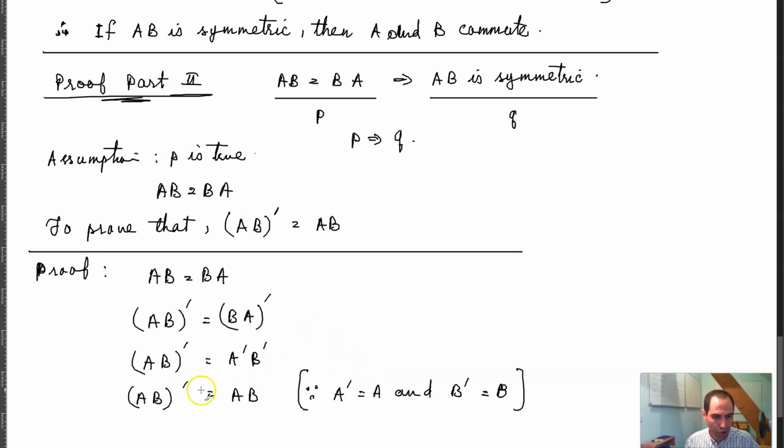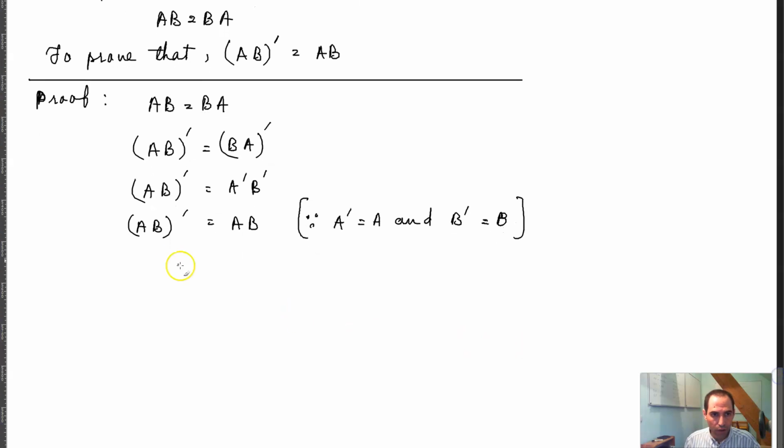And therefore, this is what we wanted to show. We wanted to show that AB is symmetric, and the assumption that I have made is that A and B commute. So here I can say that if A and B commute, then AB is symmetric.